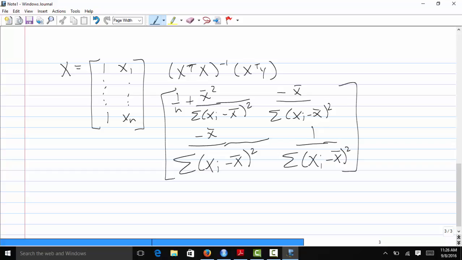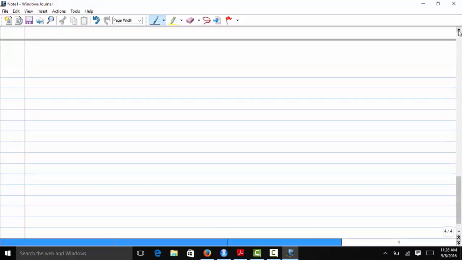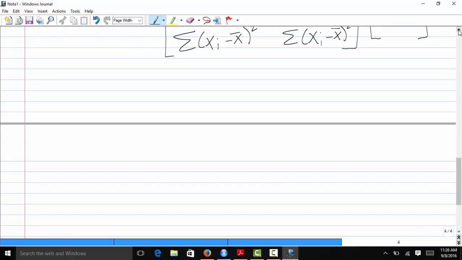So we have that matrix multiplied by the sum of the y's and sum of the x's times the y's. Okay, so we have to do this matrix algebra, and it's not terribly difficult, but we definitely have to be careful and try not to make any mistakes here.